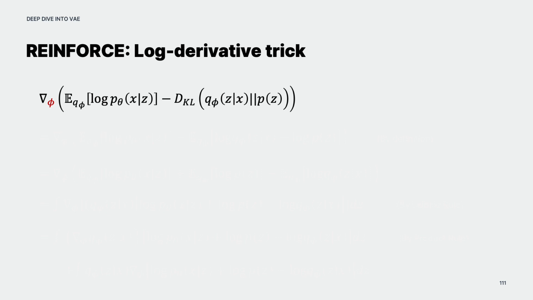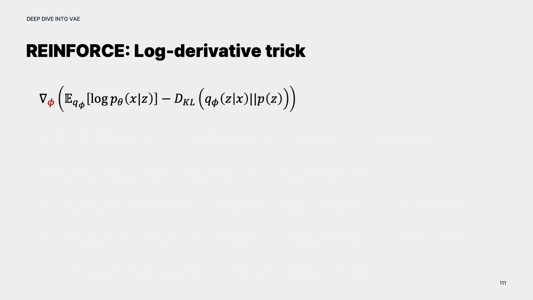So the VAE addresses this issue in a clever way. But before diving into the solution, let's take a brief look at an earlier workaround proposed in other research. Due to time constraints, today we'll focus specifically on the REINFORCE trick, also known as the log derivative trick.